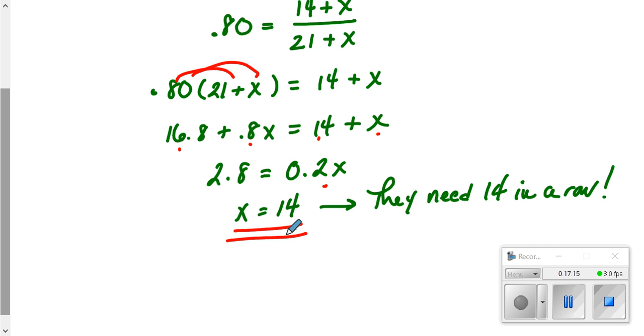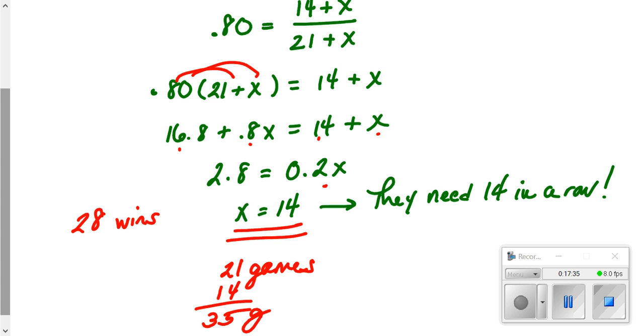Now, if I wanted to double check this answer, something I could do would be to say, well, they have 14 wins right now, so that means they'd have 28 wins. After all is said and done, and they just had 21 games. And if they win the next 14, that would be 35 games.